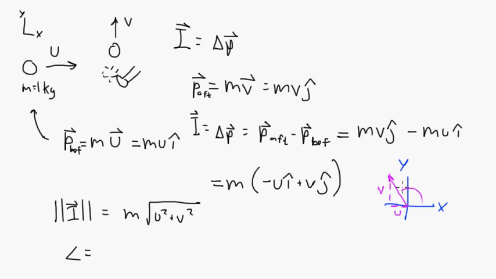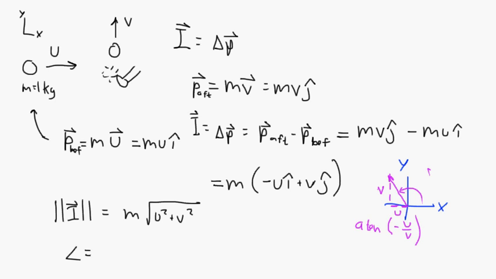There we go. It's that angle. So this angle is going to be the arctan of negative u over v, whatever.